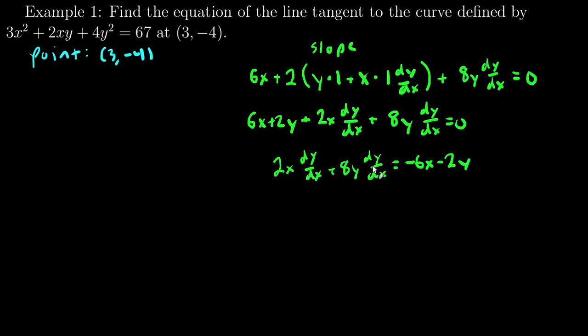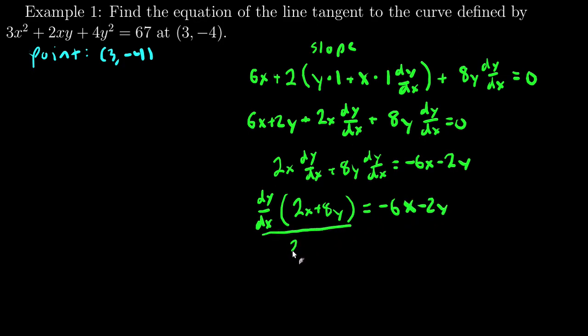I'll factor out the dy/dx and be left with, on the left, 2x plus 8y. And to finish this off, I'll divide both sides by 2x plus 8y. And that right here will be my derivative.